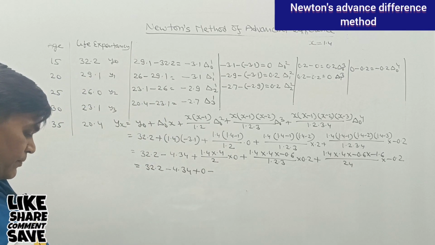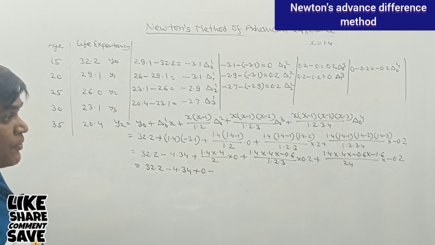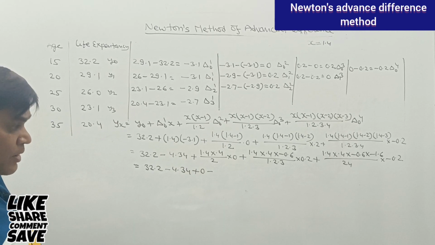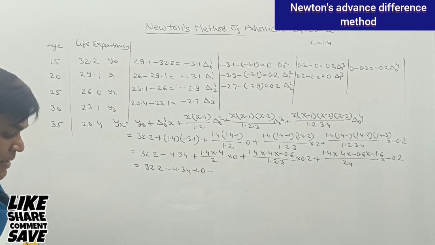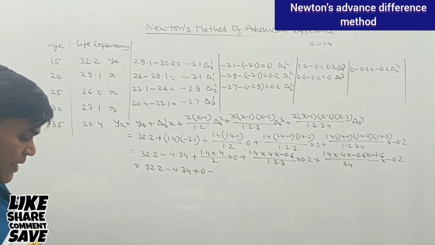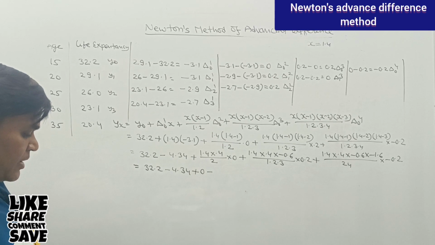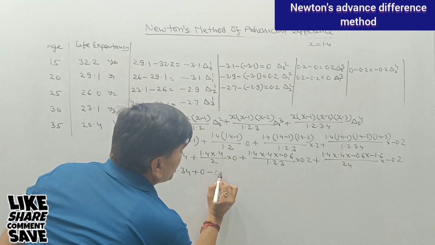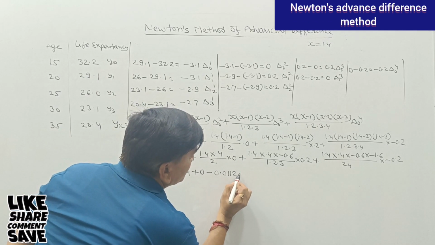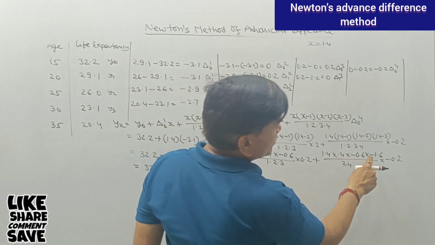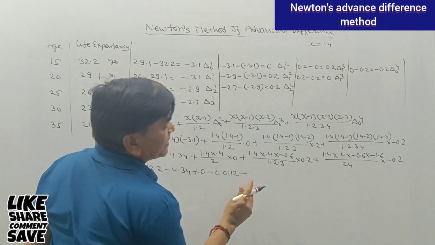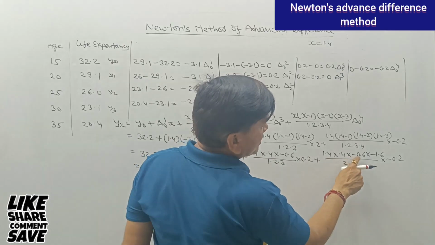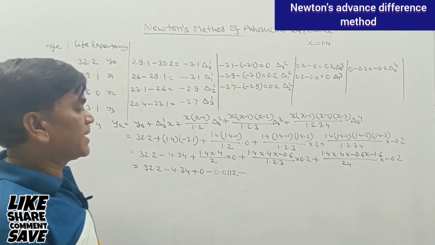That is 1.4 multiply 0.4 multiply 0.6 multiply 0.2 divided by 6, and value is minus 0.0112. Okay, 1 minus 2 minus 3 minus, so the value will be minus.